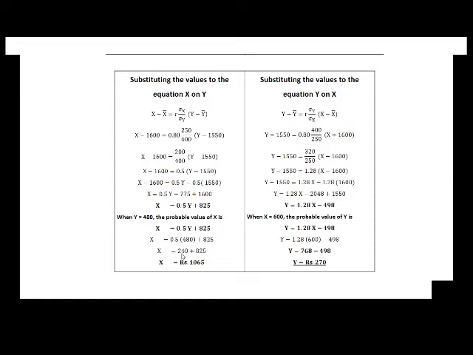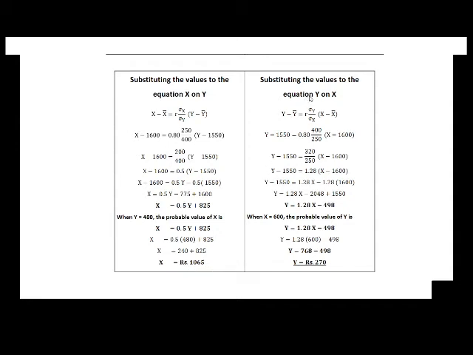X is equal to 240 plus 825. Whenever the income of y is 480, x is equal to rupees 1065. That means when the income of y is 480, the income of x is rupees 1065.